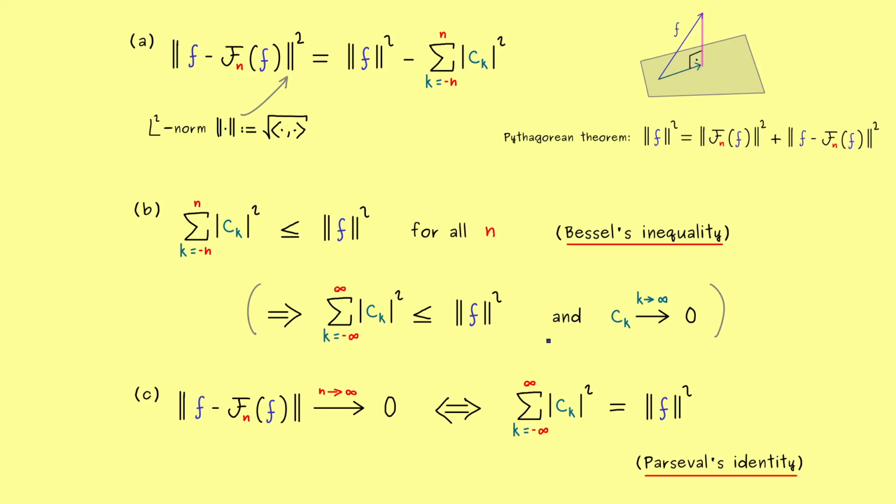You could also see that as a generalization of the Pythagorean theorem with infinitely many sides. Therefore, this is a very nice result for Fourier series, but please note, at the moment we don't know if it actually holds. Indeed, we want to show that we have Parseval's identity such that we can conclude that we have the convergence. Therefore, this is exactly what we want to do in the next videos.